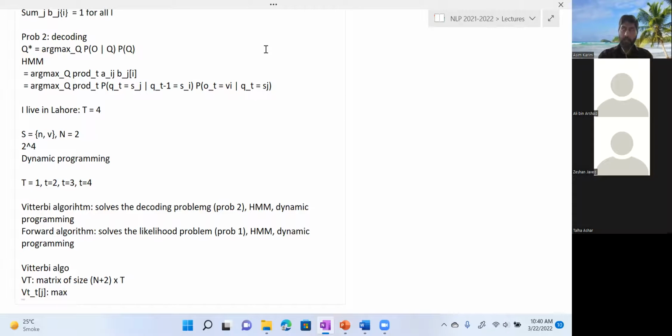This is the max of that expression which we wrote previously, the max of the expression at position T when the state at position T is Sj.